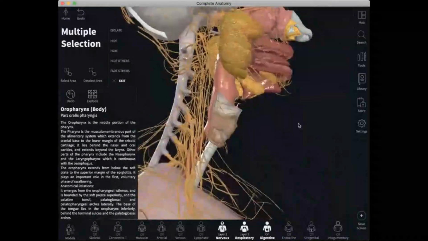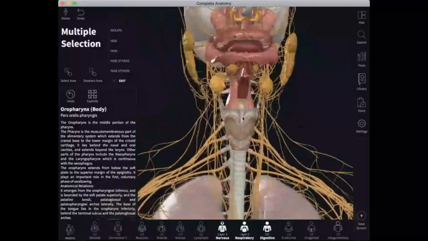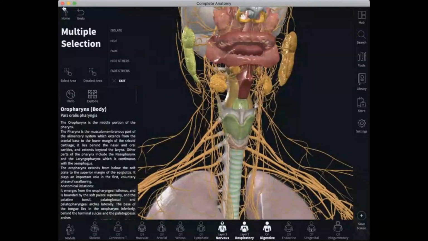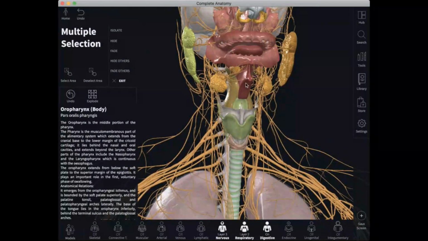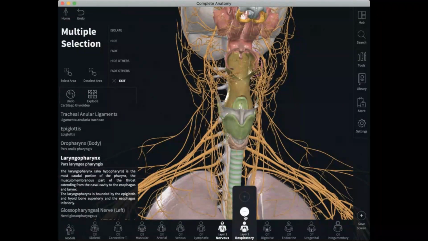Now let's go to the next cranial nerve. That's the vagus nerve. The vagus nerve is said to be the longest cranial nerve, and it's the 10th cranial nerve.